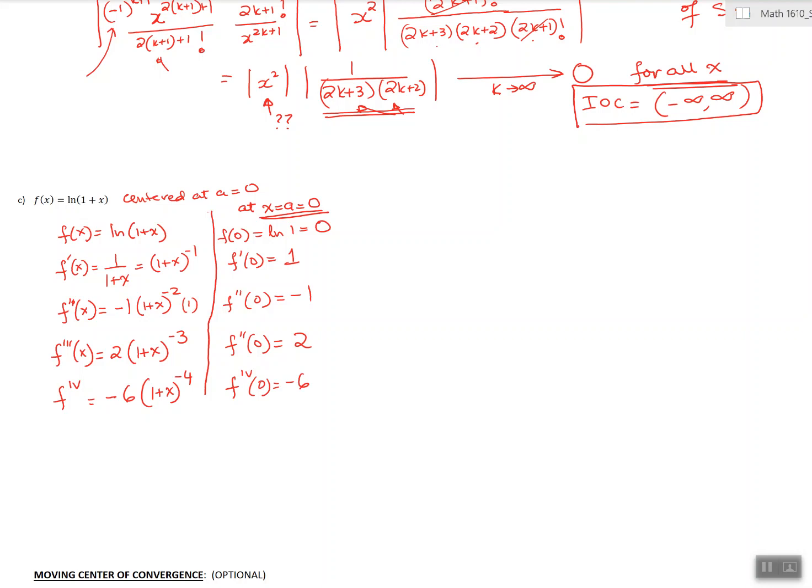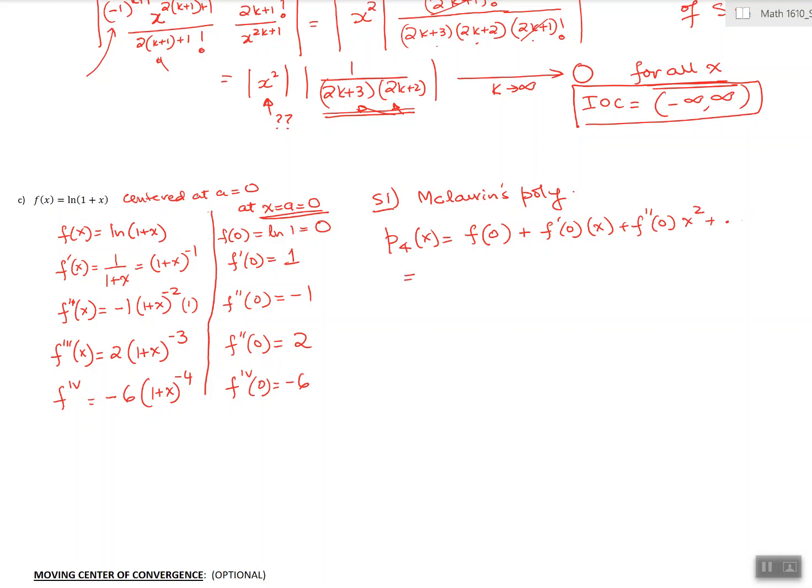So let's set up the Maclaurin polynomial. So what is it? P4 of x. So that is, just to remind you, although we know it very well, f of 0 plus f prime at 0 times x plus f double prime at 0 times x squared, and so on till the fourth power.